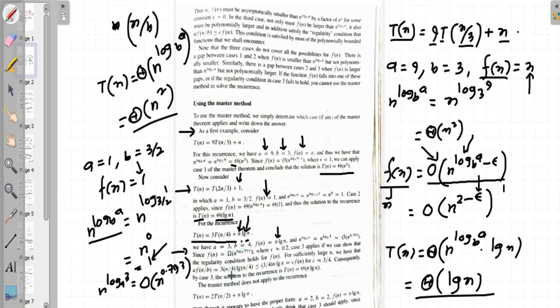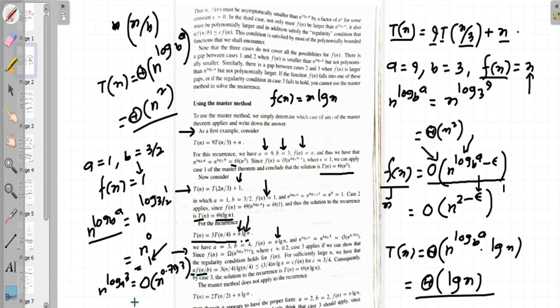Okay, so we are checking A F n by B. What is Fn? Fn is n log n, right? So what is B here? B is 4, right? So what is A F n by B?